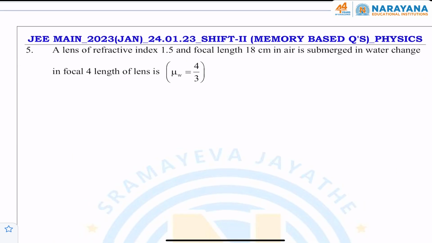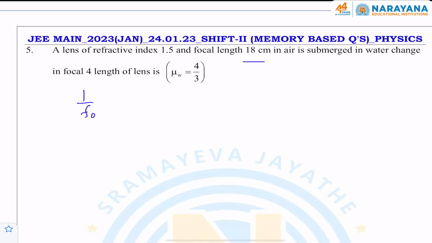Next question. A lens of refractive index 1.5 and focal length 18 cm in air is submerged in water. Change in focal length of lens is? When it is in air, its focal length is 18 cm. We need to find its focal length when it is in water.